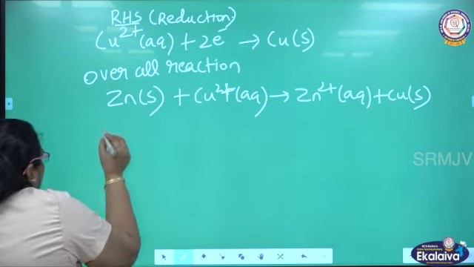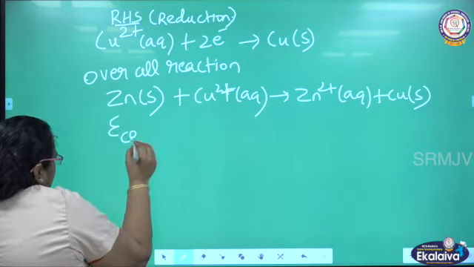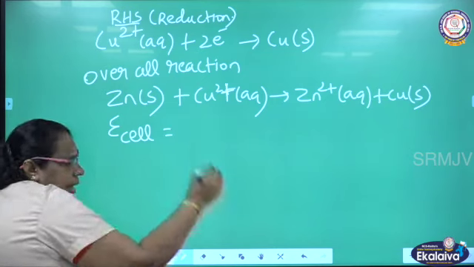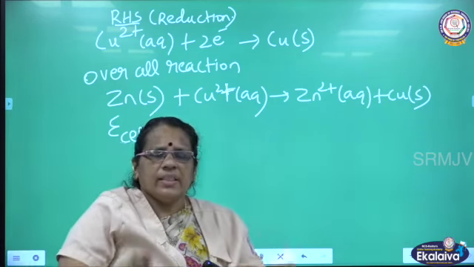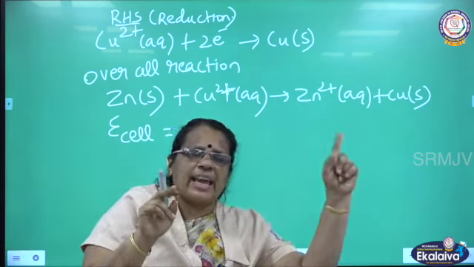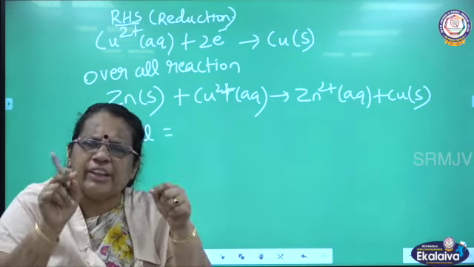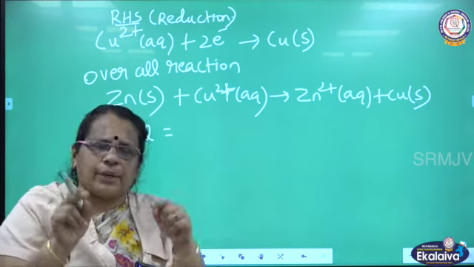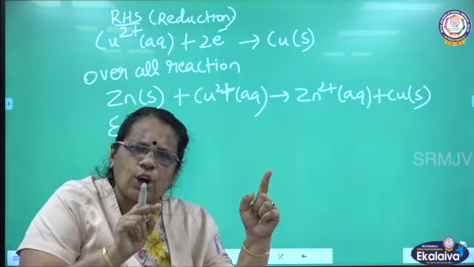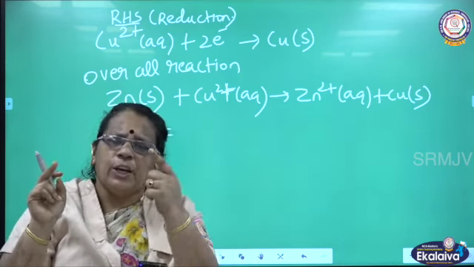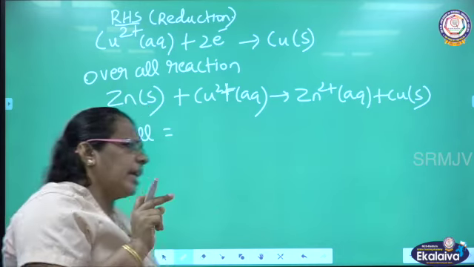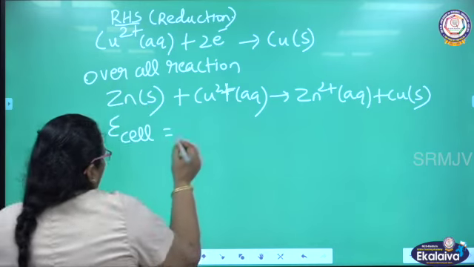Already I told you, the EMF of the cell can be determined as the difference between the electrode potential of the cathode and anode of the cell. If you find out the difference between the electrode potentials of the cathode and anode of the cell, you can get the EMF of the cell. What is the formula?